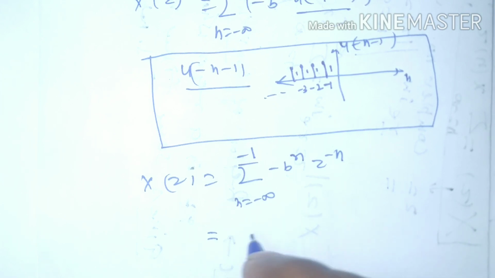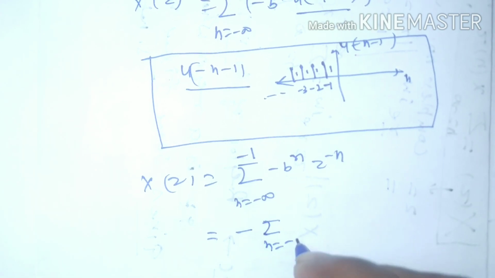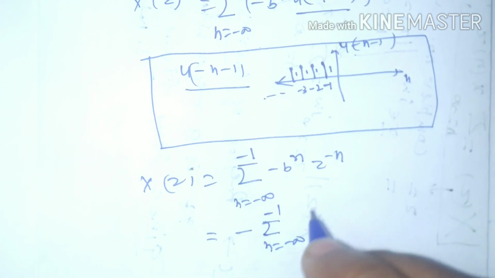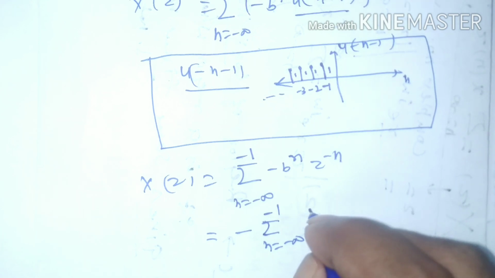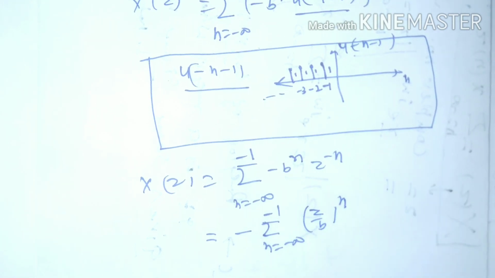Now if we put minus outside, then its summation becomes n equal to minus infinity to minus 1 of (z/b)^(-n).